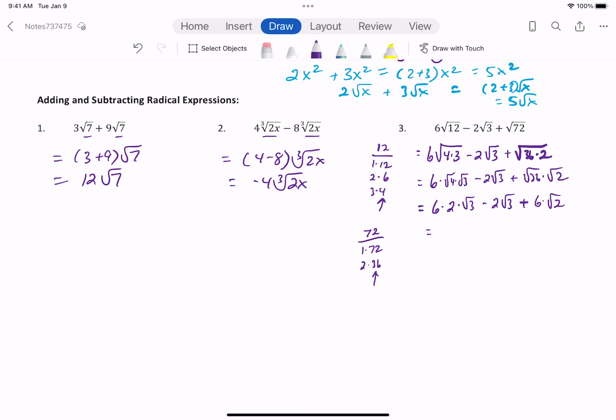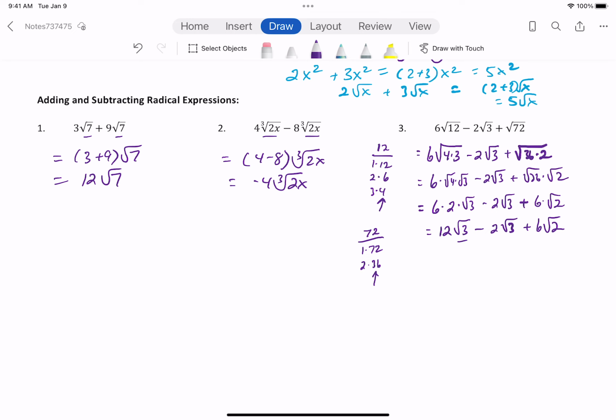So we're just going to clean this up. 6 times 2 is 12 roots of 3 minus 2 roots of 3 plus 6 roots of 2.